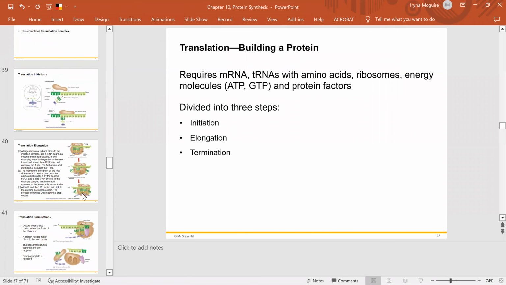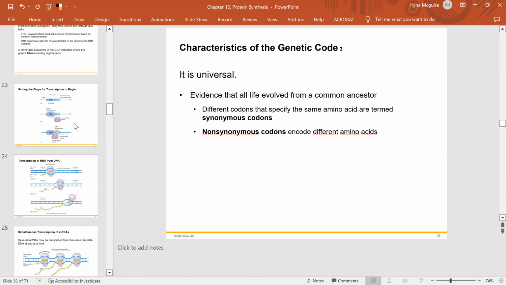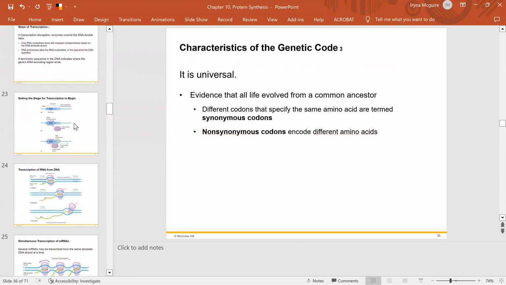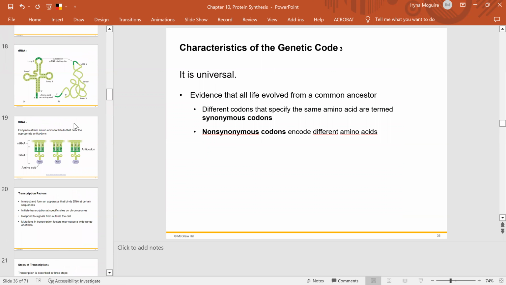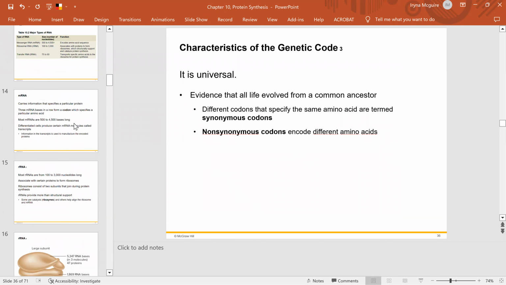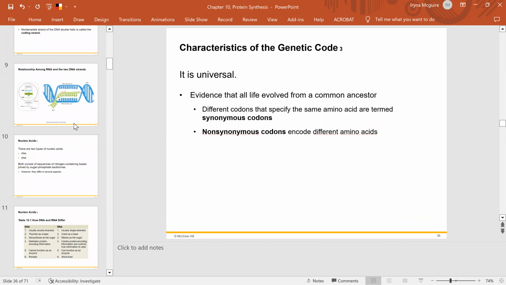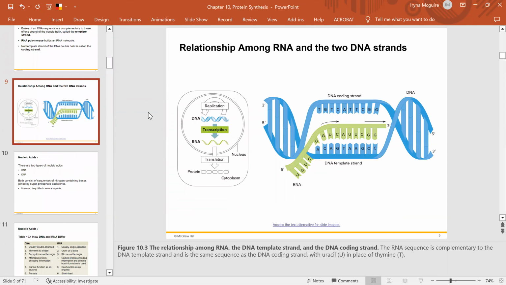Okay, so we described transcription, right? Let's go back. Here's the cell, and inside the nucleus, we go from DNA to RNA, and it's called transcription.